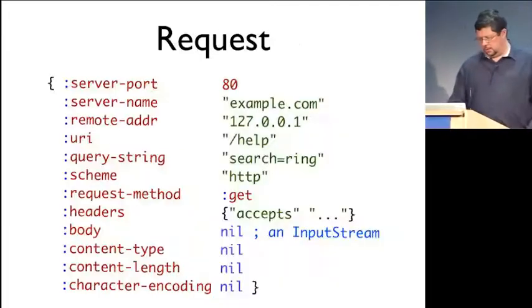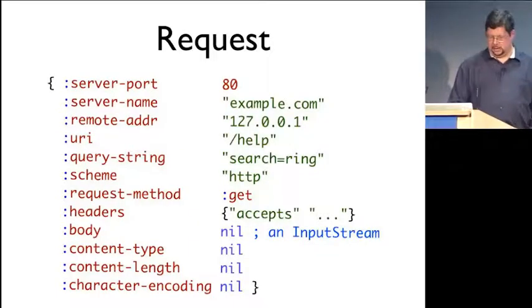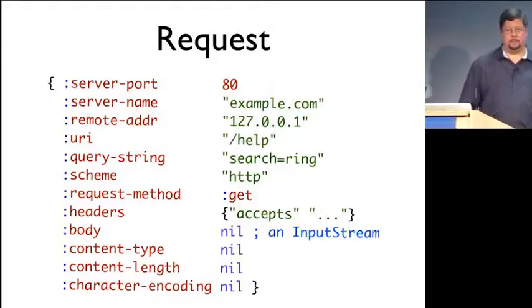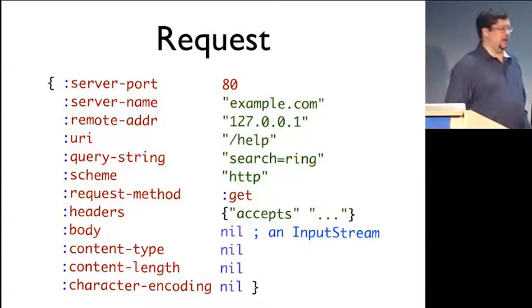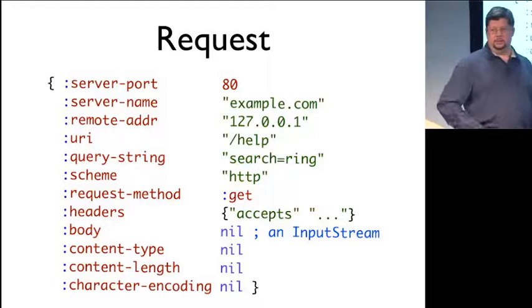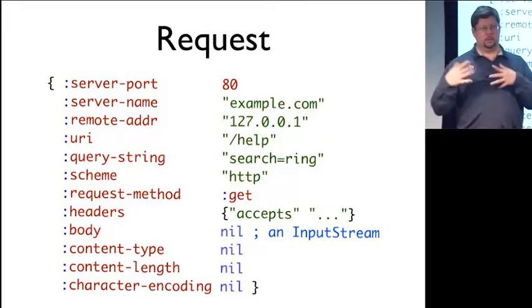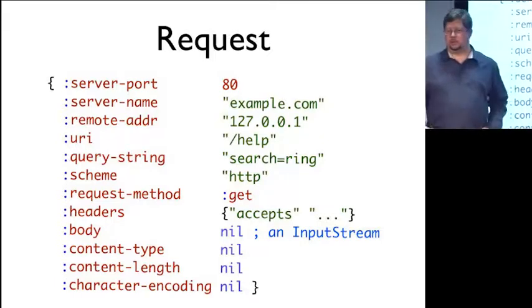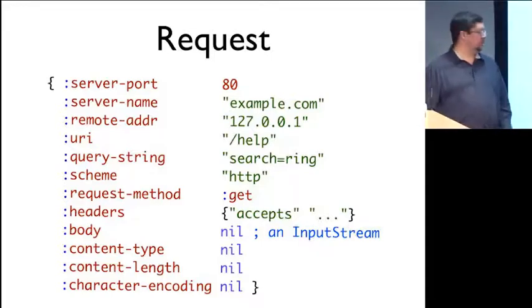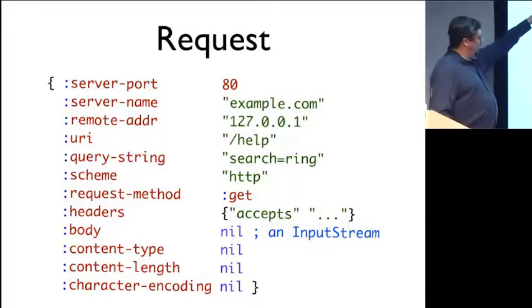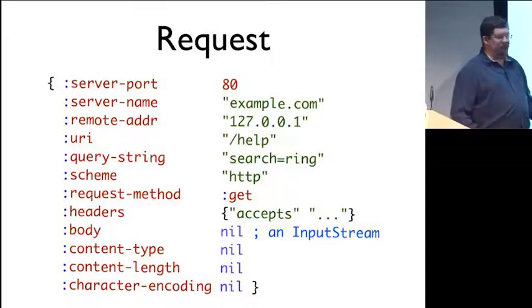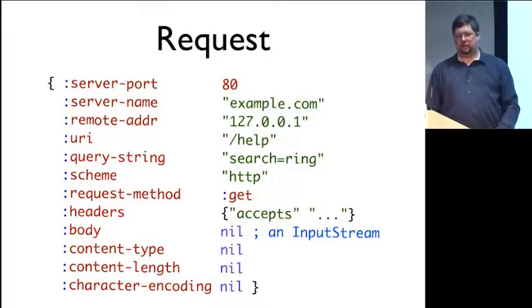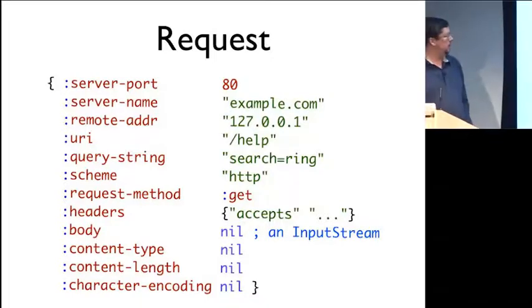What does the request look like? Well, the request is a Clojure map, which actually implements the java.util.Map interface, but it's one of these Clojure immutable concurrent data structures that I mentioned. And it has a number of keys and a number of values, which tells you basically everything there is to know about the incoming request.